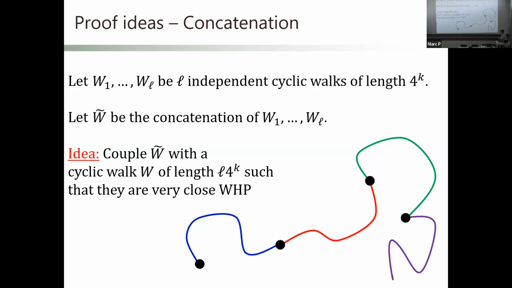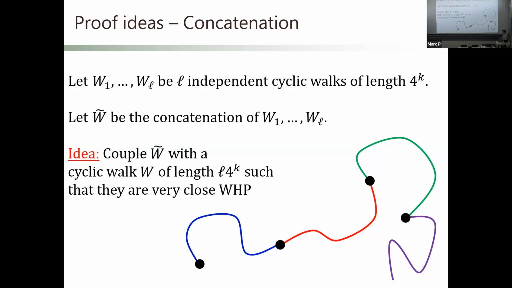What we hope is that at the junction point where we're concatenating two independent cyclic walks, if this were a relaxed time, then there's a good chance that the future trajectory doesn't interact with the past, and then you can couple them together exactly. But there's also a chance that that doesn't happen. Then you could wait, and what we'll show is that you only have to wait a short period of time until you get another relaxed point in time.